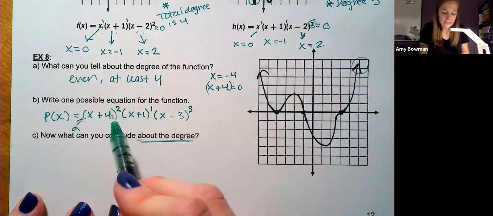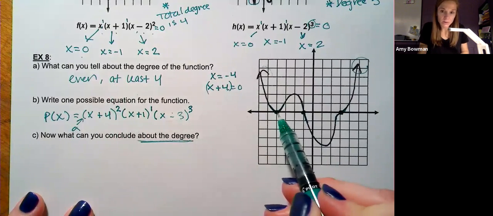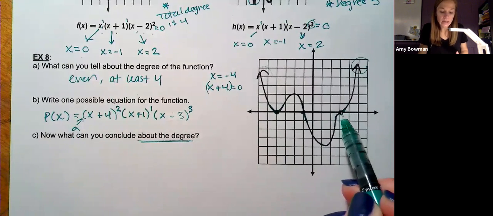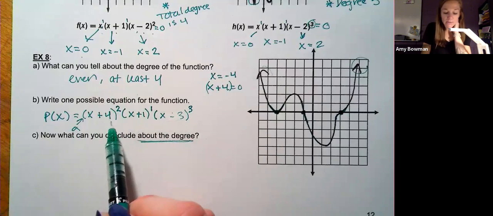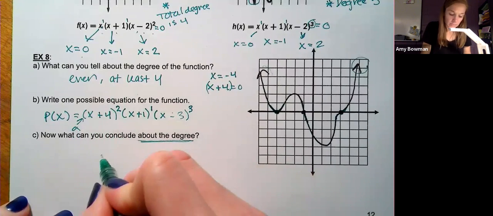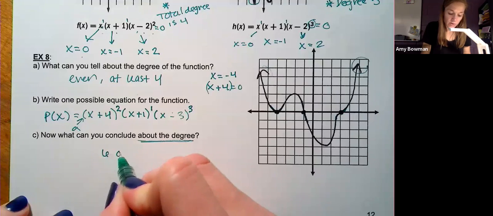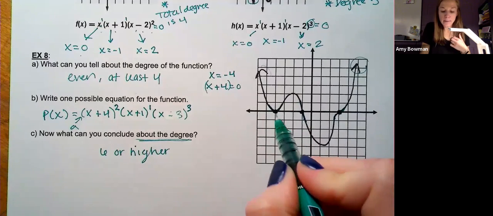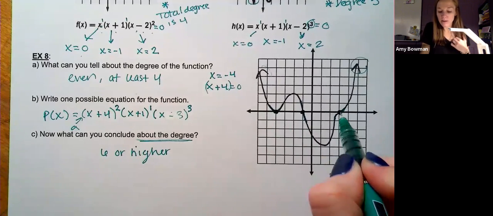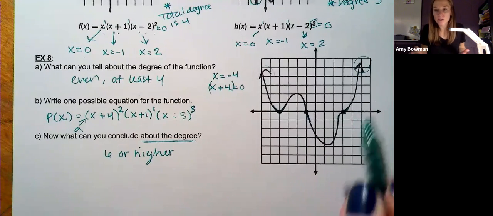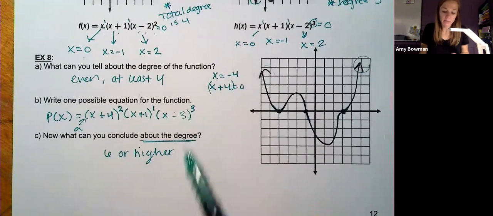But now we see that since this 0 had multiplicity of at least 2, and this one has to be at least 3, the smallest degree would actually have to be at least 6. So this is degree 6 or higher. And or higher meaning this could technically be, over here at 3, a multiplicity of 5. We just don't know for sure, but it would have to be at least 3.